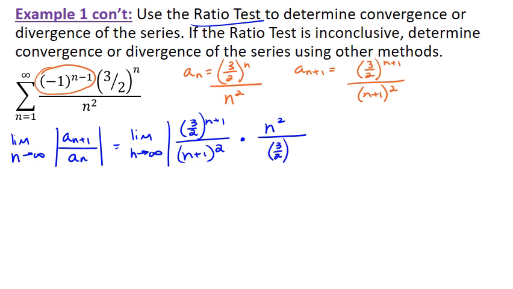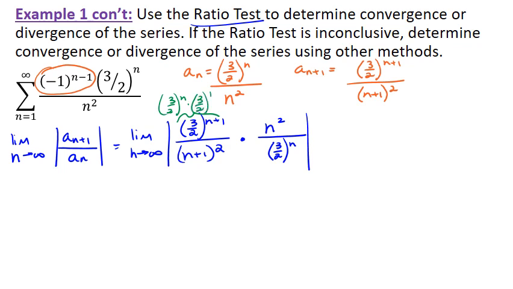All right, so we're going to have some algebra involved here, just like we did previously. Okay, so that's the hard part. So this here, we want to try to cancel this out. So we want to somehow write this as (3/2)^n. Well, this is the same thing as (3/2)^n times (3/2) to the first.